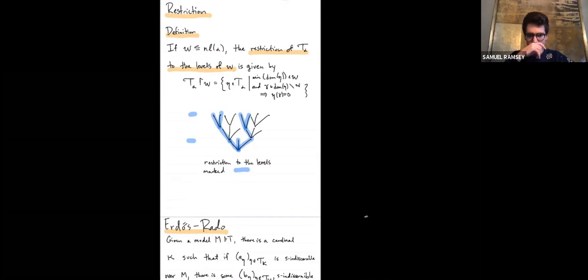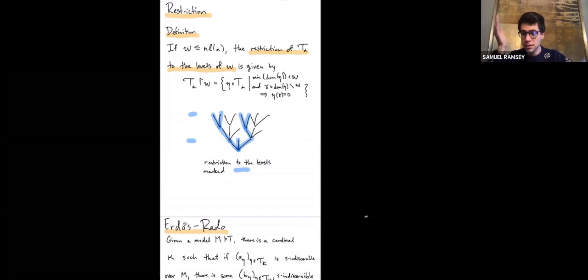So what does that mean? What that means is I look at functions in my tree whose domain starts at an element of W. If I take the minimum of the domain, meaning the starting point of that initial segment, that should be an element of W. And then outside of the elements of W, I am always 0.